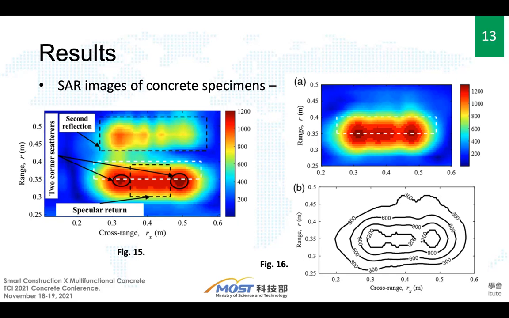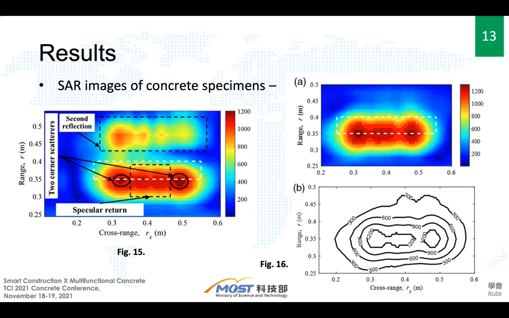And because the concrete specimen is only 0.05 meters thick, when the moisture of the concrete specimen is low, the back reflection can also be reconstructed in the SAR image. This is seen as the second reflection in the SAR image in Figure 15.